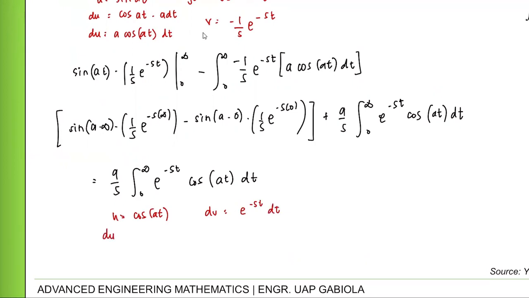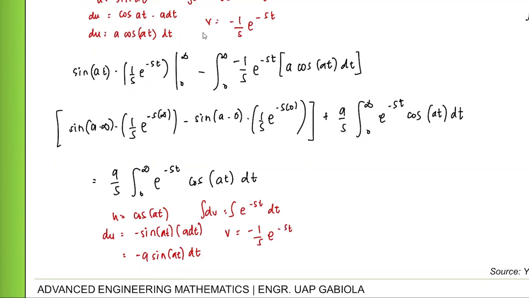Then derivative of cosine is negative sine at times a dt, or equals sa negative a sine at dt. Okay? So dito, pag in-integrate natin, this will be v is equals to negative 1 over s e^(-st).